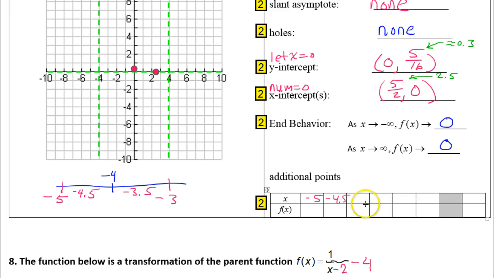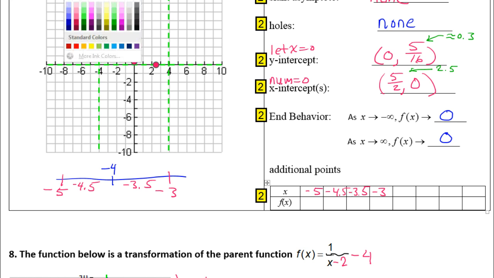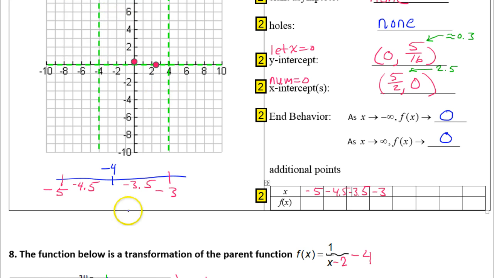Okay. All right, so I really should have 8 spaces on this chart. Now, like I said, I've got my -3.5, and I've got my -3. Now we have another vertical asymptote at +4.